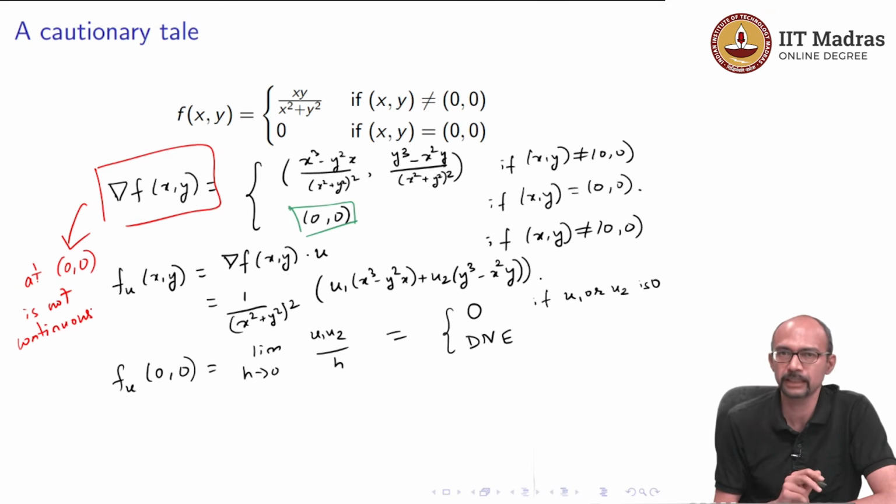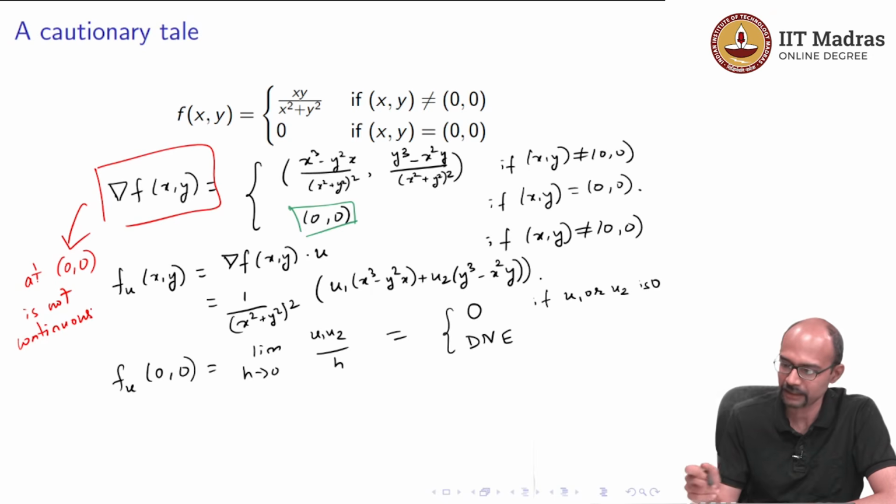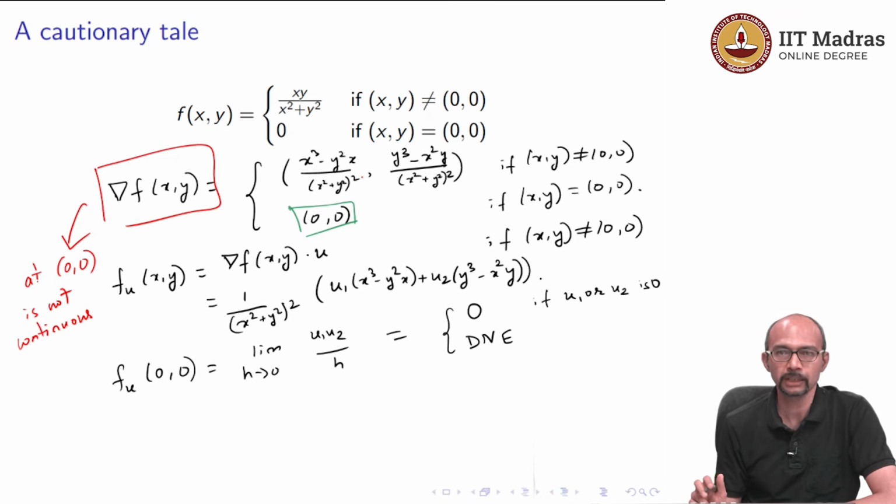So, I will again suggest you go back and check that we have actually seen both of these functions are not continuous at 0, and we have seen in continuity that for a vector valued multivariable function to be continuous, each of its component functions have to be continuous. In this case, neither of them are continuous at 0.